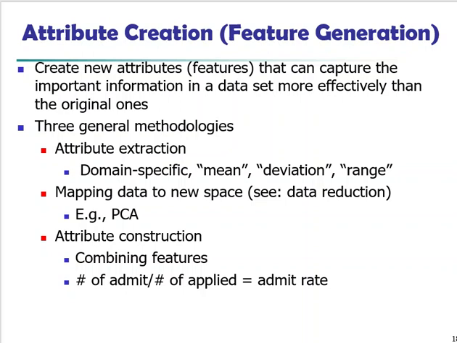So we talk about attribute dimensionality reduction. Earlier we talked about how to remove attributes, how to find the best attributes. Sometimes the best attributes can be created. This again, as we emphasized a couple of times, requires substantial domain knowledge to actually perform the attribute creation task.